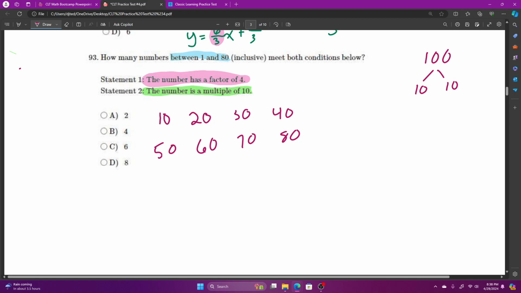So 4 can divide into which of these numbers? It could divide into 10, but not evenly. I got 4, 8, 12.